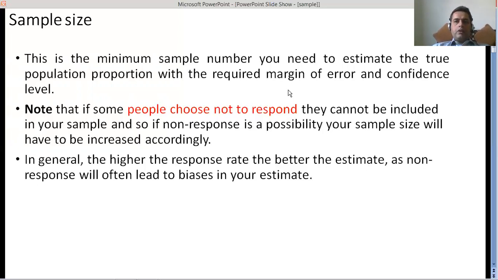Whenever you see results in different research papers, you would understand that they always mention a 90% or 95% or 99% confidence level, and this much margin of error. Okay, so the sample size is the minimum number of samples you need to estimate the true population proportion, so that you know this particular sample size is representing the entire population, because it's not possible by any means to sample the entire population for a particular condition or a disease.